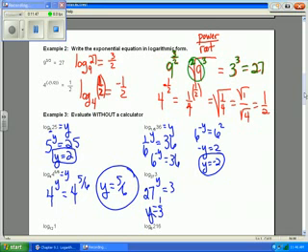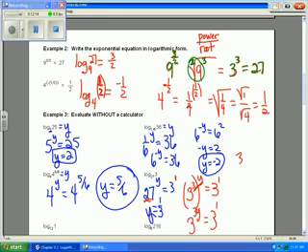But if you want to see the technical way how you could solve this, I could get like bases. 27 is 3 cubed to the y power equaling 3, and this is a 1 power here to the 1. Power of a power multiplies, so 3 to the 3y equals 3 to the 1. So like bases, I can set my exponents equal. 3y is 1. Divide by 3, so that's y. That's the reason that y is 1/3.